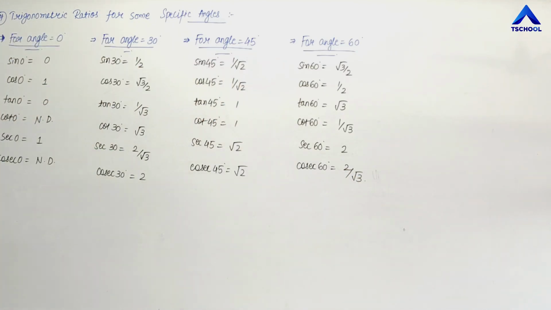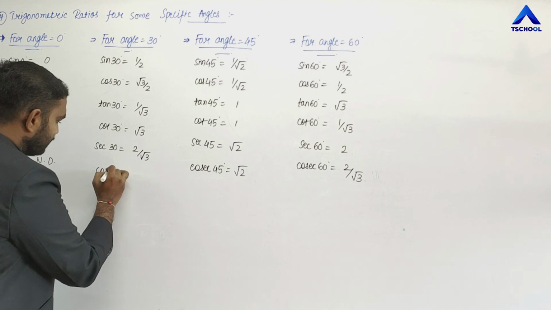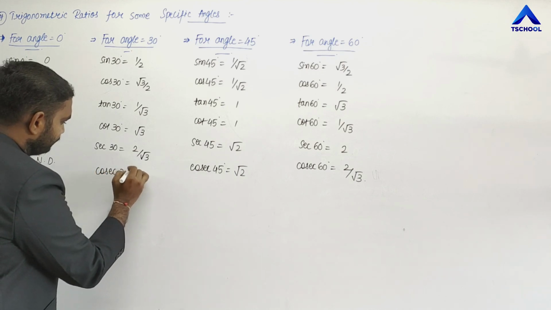So these are the 6 values for theta equals 60, right?